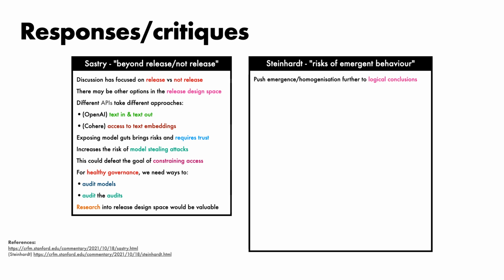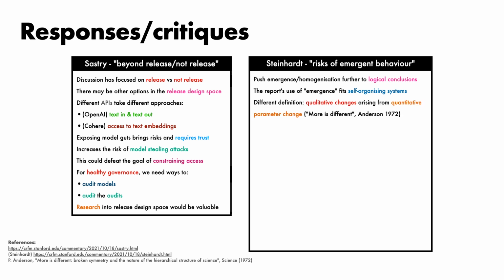Jacob Steinhardt suggests that there is room for improvement in the discussion of the risks associated with the emergence property of these models by taking the argument further towards its logical conclusions. Steinhardt suggests that the formulation that we have discussed, i.e., that the behavior of the system is implicitly induced rather than explicitly constructed, is actually a better description for self-organizing systems that are designed to produce emergent behavior.